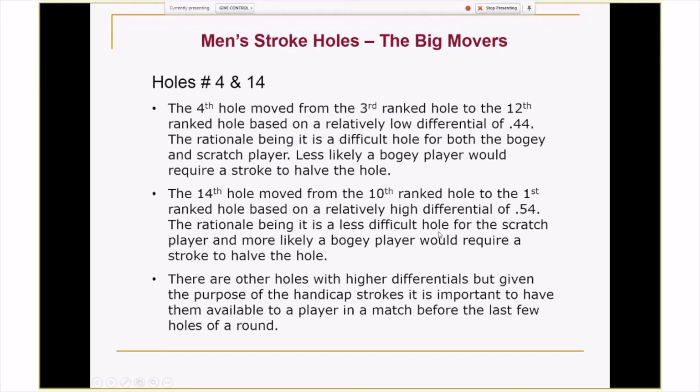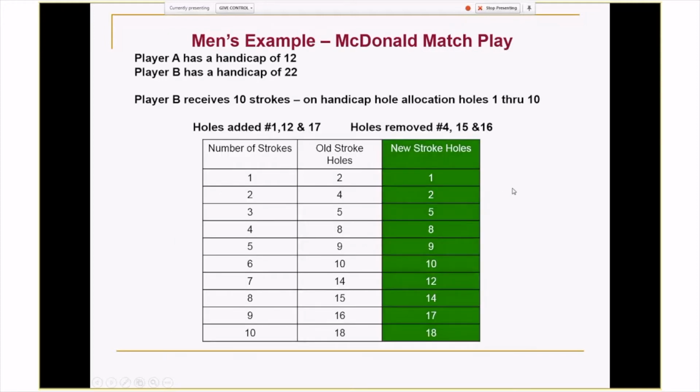A little example here of our McDonald match play, which is a season-long competition. We could see if player A had a handicap of 12 and player B had a handicap of 22, there would be a difference of 10 strokes. And we could see where those holes would have fallen last year and where they've fallen this year.